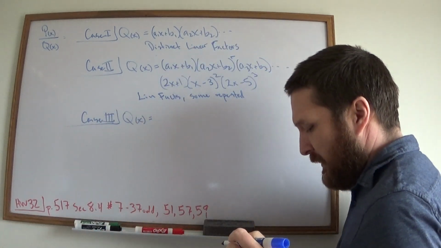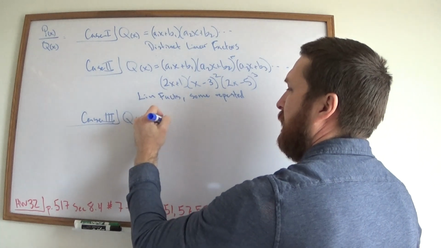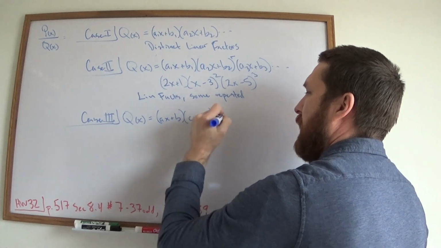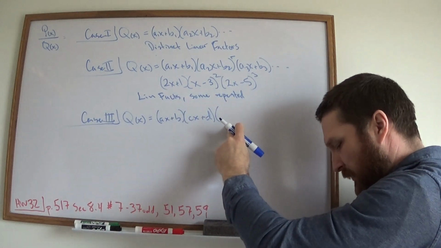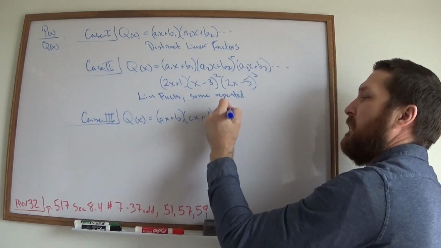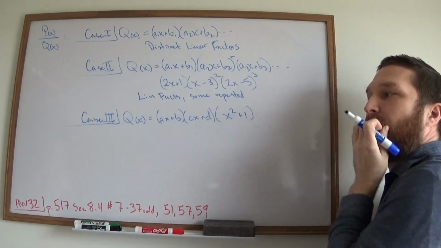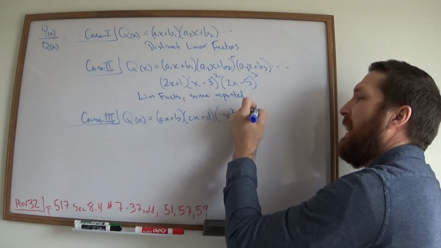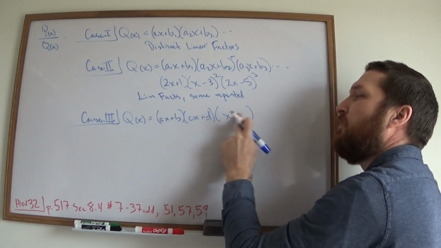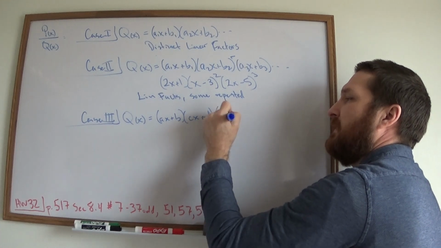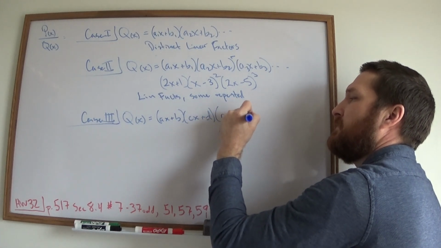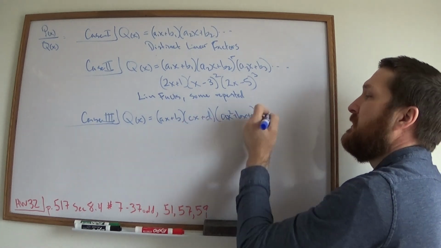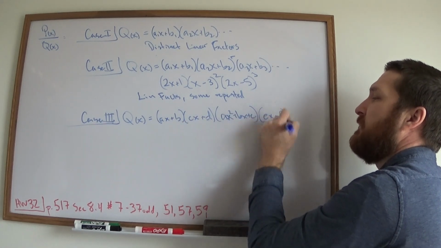Okay, here we go. Q has an irreducible quadratic. So this is irreducible. In fact, what I'm going to do is more generally, that is ax squared plus bx plus c, and then maybe some other linear factors, like dx plus e, fx plus g or something like that.